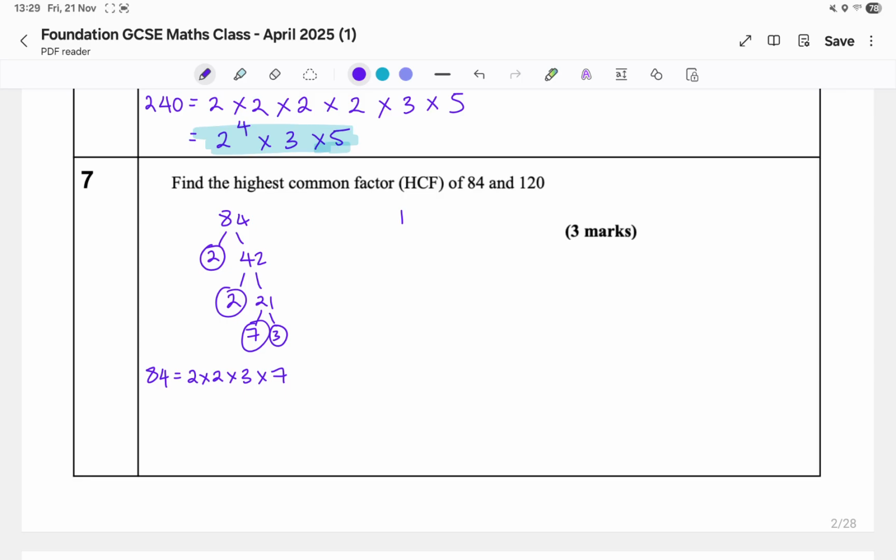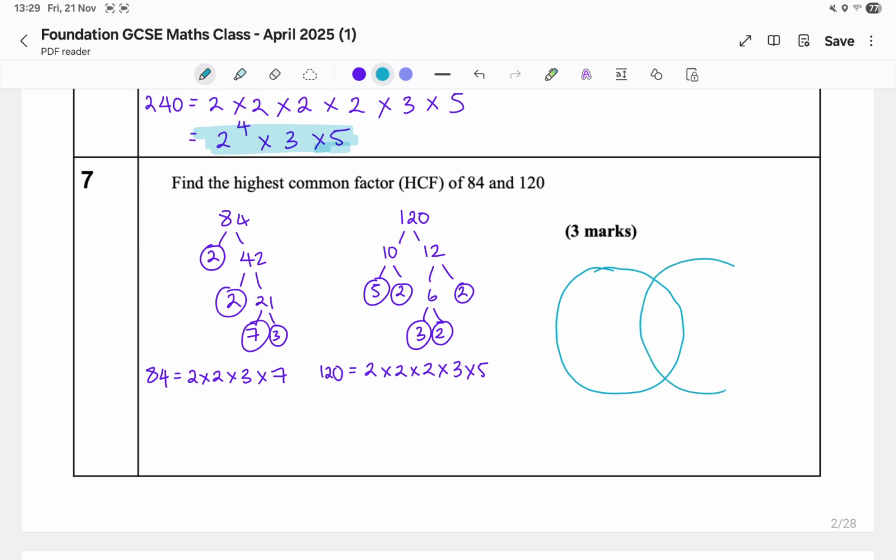I'm going to do the same for 120. 120 is 10 times 12. 10 is 5 times 2. They're both prime numbers. 12 is 6 and 2. 6 is 3 and 2. So I've broken them down. 120 equals 2 times 2 times 2 times 3 times 5. So I've done both of them. Now you need to draw a Venn diagram.